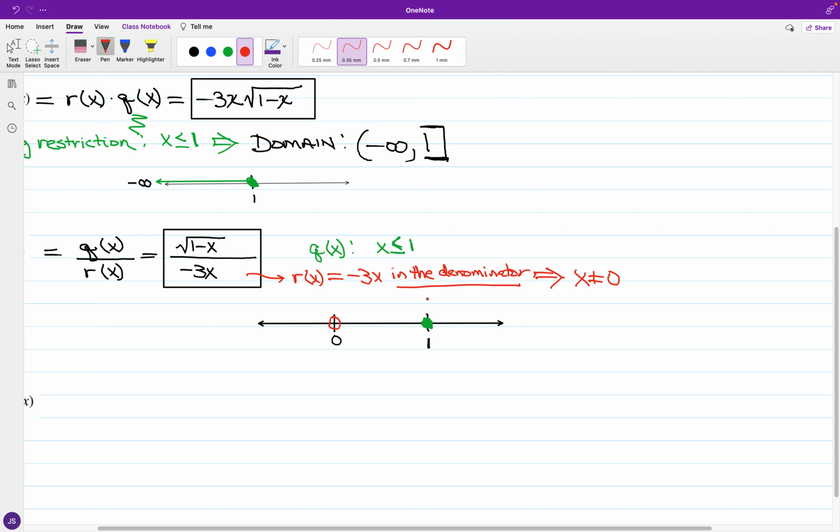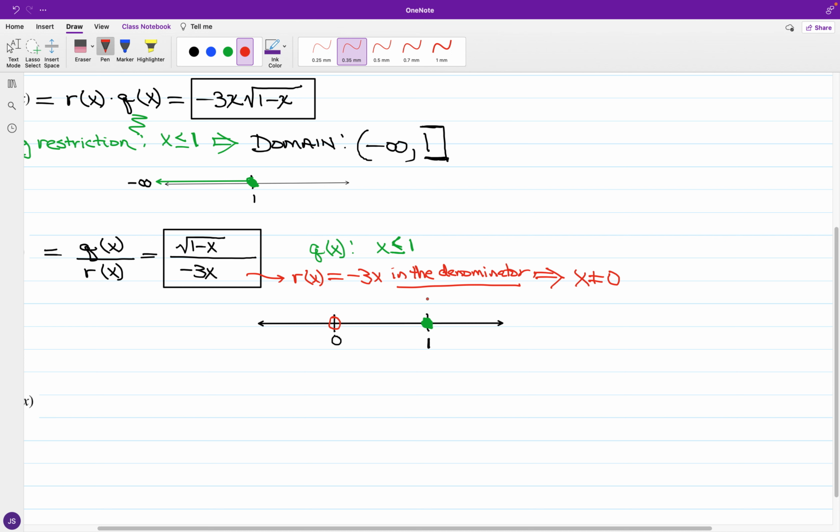So you're starting out with x less than or equal to 1, but you have the blip with 0 excluded, but once we go past 0 and proceed to the left, we can continue on out to the left.